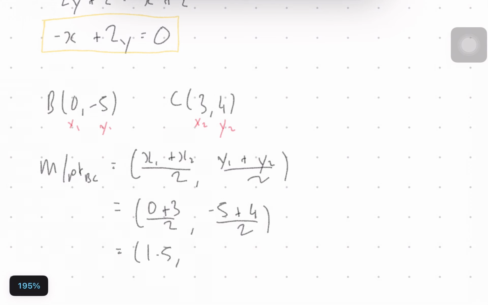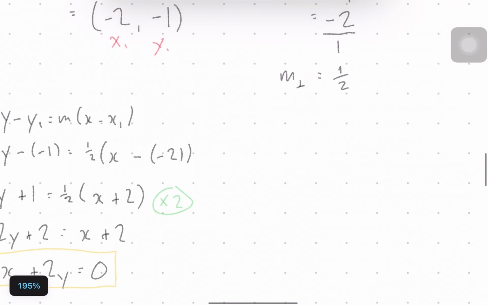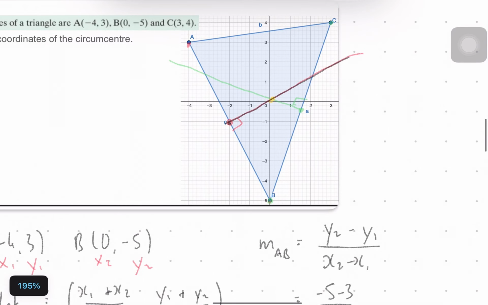Minus 5 plus 4 is minus 1, so minus 1 over 2, so minus a half or minus 0.5. So that's my midpoint of BC, so 1.5, minus 0.5.